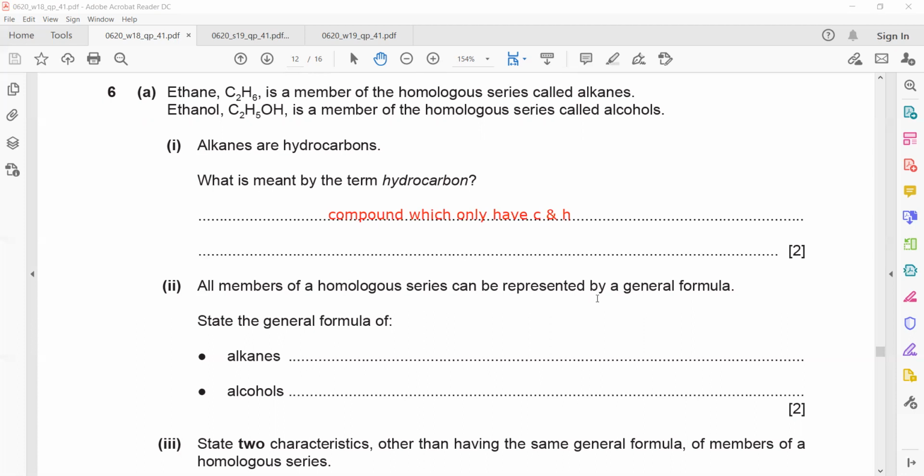Then, what is the general formula of alkane? The general formula for alkane is CnH2n+2. And what is the general formula for the alcohol series?